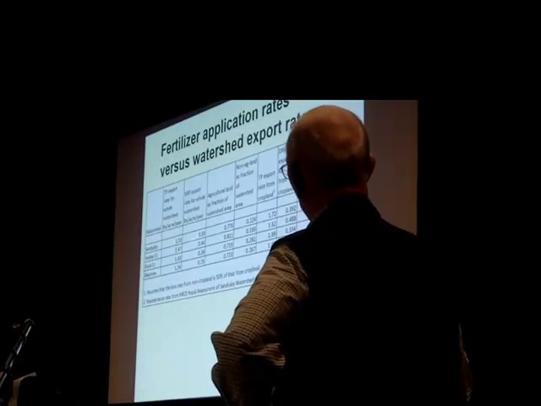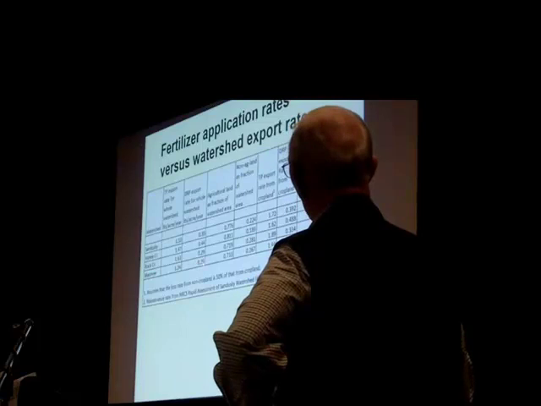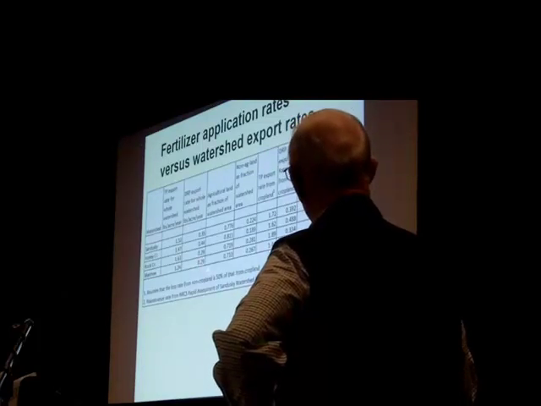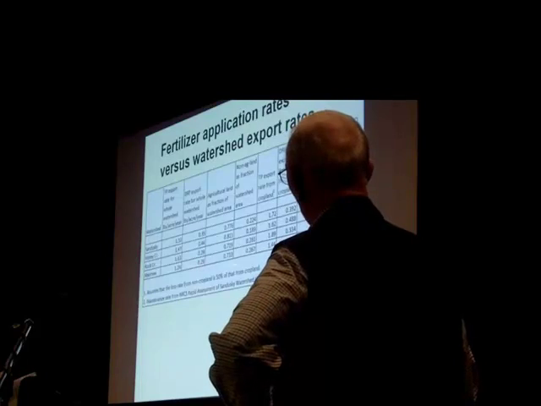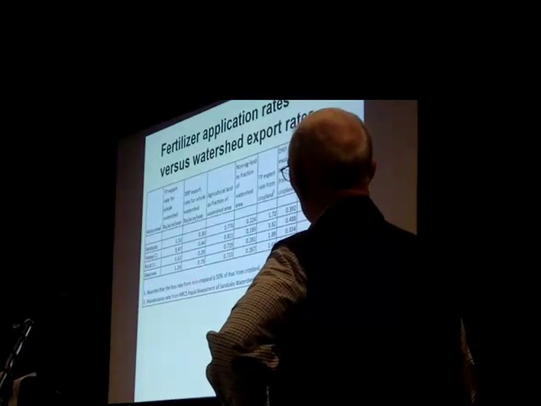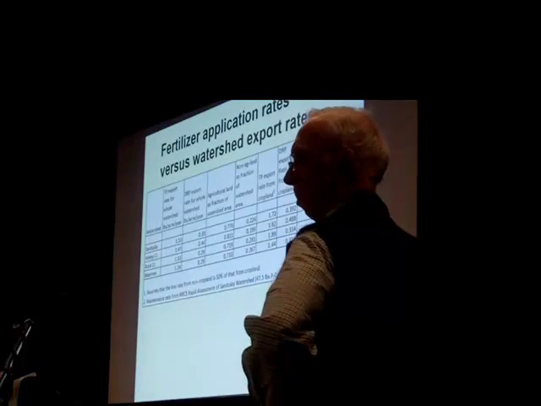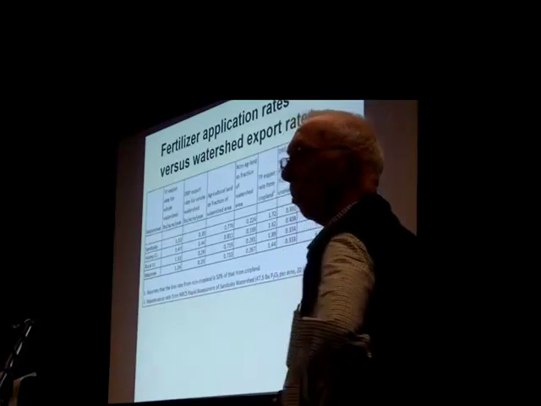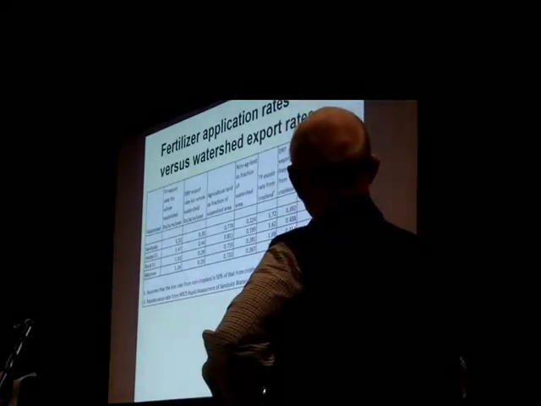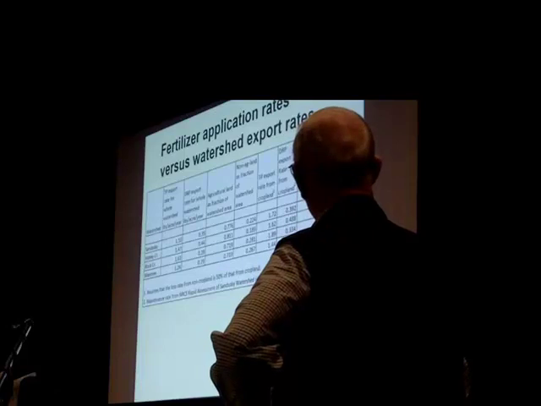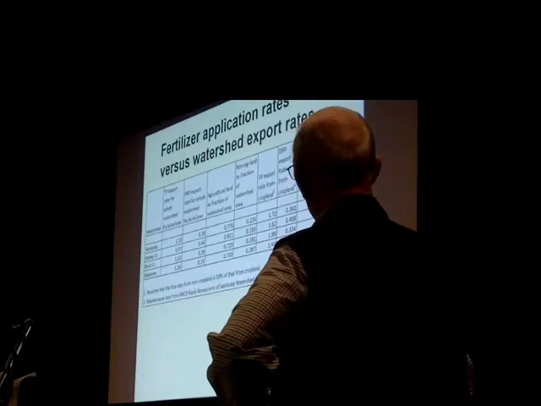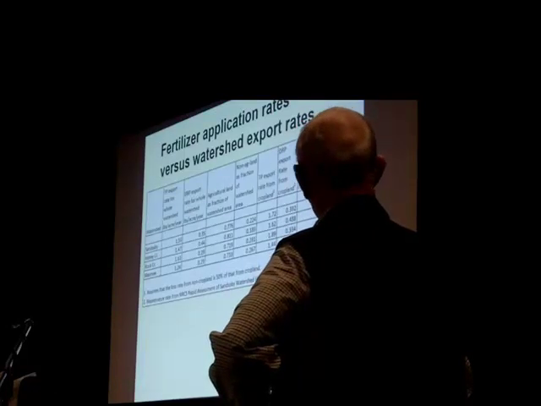For example, the Maumee is 0.29 pounds per acre per year of dissolved phosphorus. And then we can do some adjustments, recognizing that some of the land use, like forests in the watershed, maybe 10%, don't export at that higher rate. So we can adjust this up from 0.29 to maybe a third of a pound per acre per year.